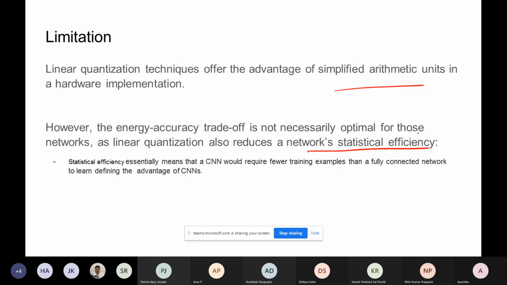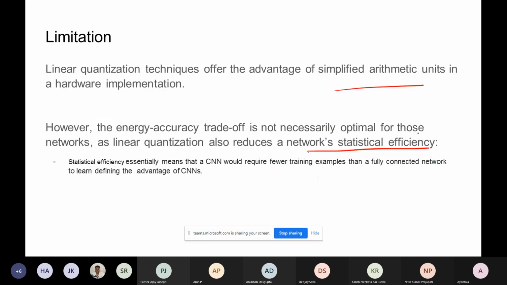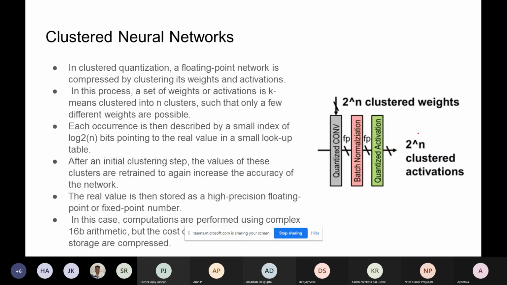But here we are reducing the statistical efficiency, and we require a much greater number of examples to train your model in this quantized scenario. So this is one limitation, and this is how we can add quantization in different phases of your CNN network.